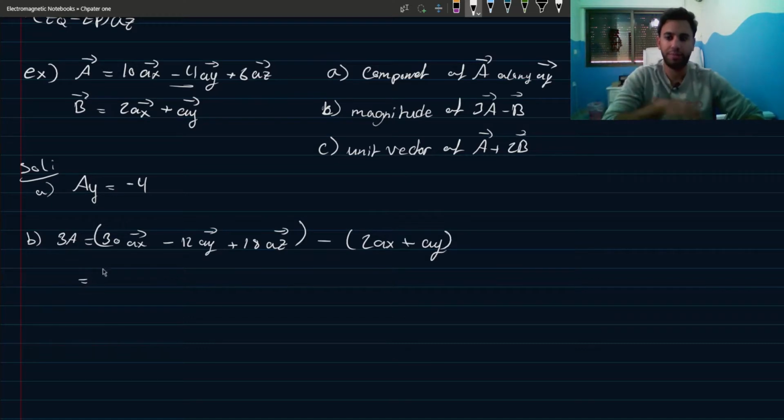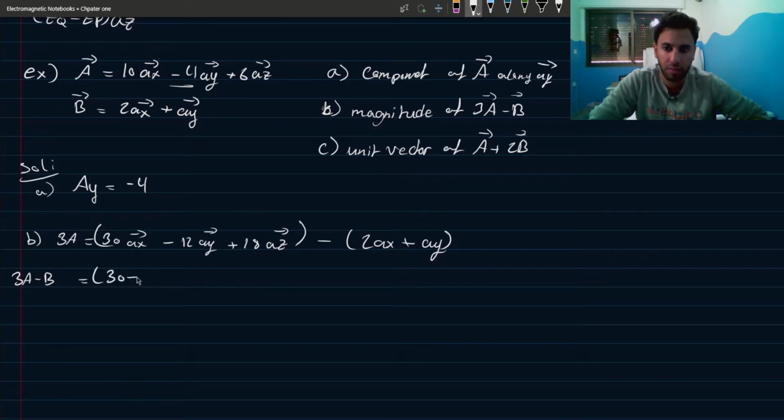So let's do 3A minus B here: 30 minus 2 multiplied by the x unit vector, plus minus 12 minus 1 AY, plus 18 minus 0 AZ.